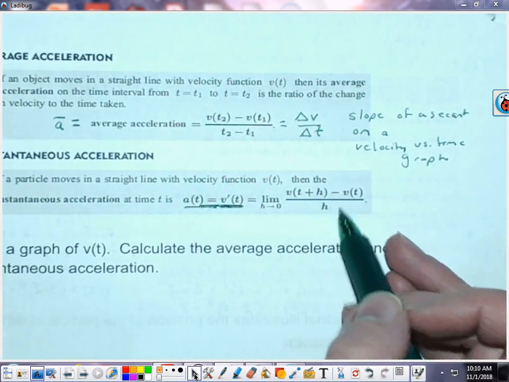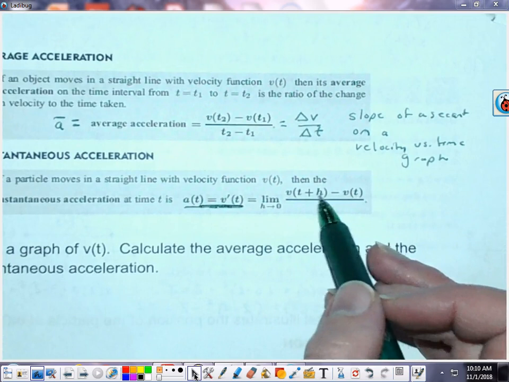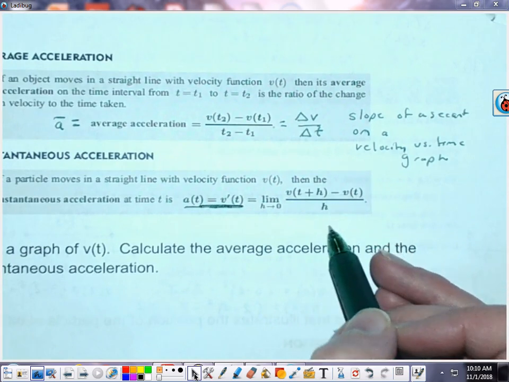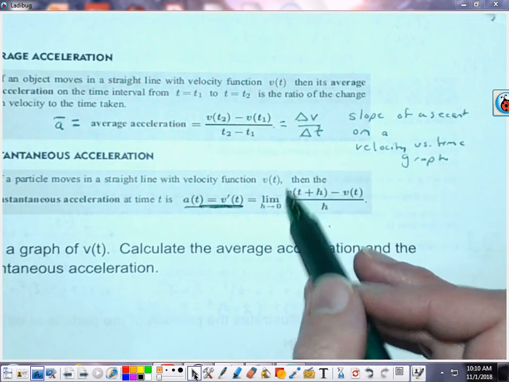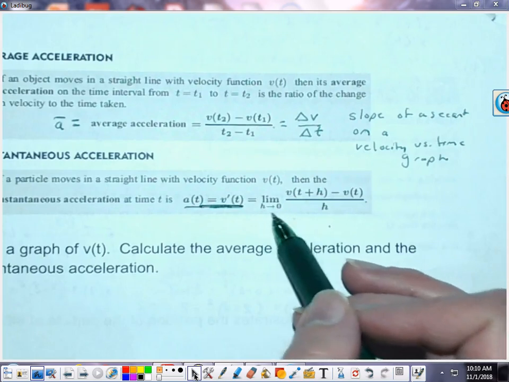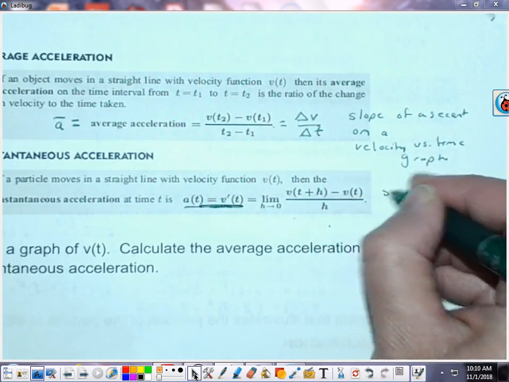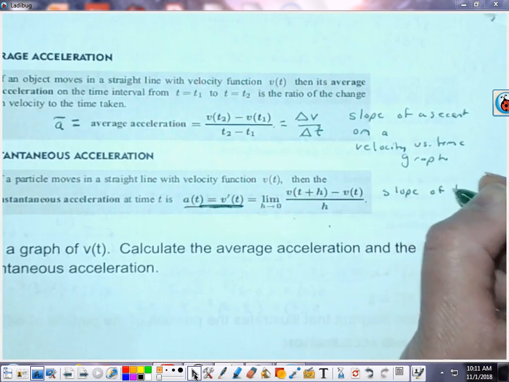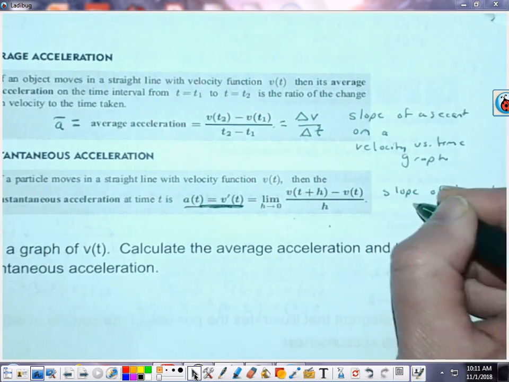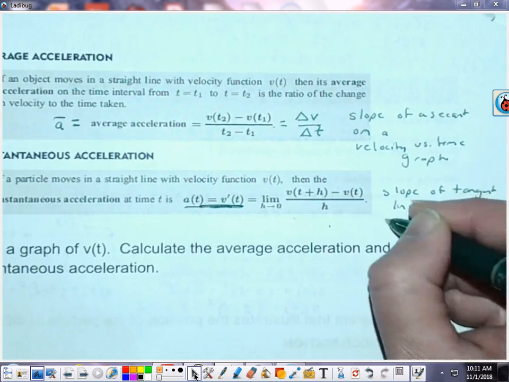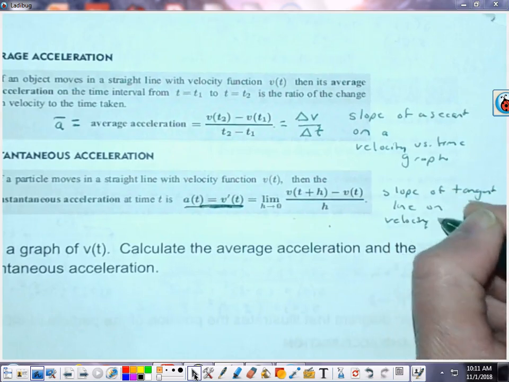And remember, this is first principles for a derivative. You're basically taking an average between two different times and letting that time difference get closer and closer to 0. So this is the slope of a tangent line on a velocity versus time graph.